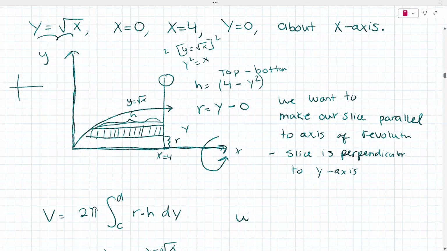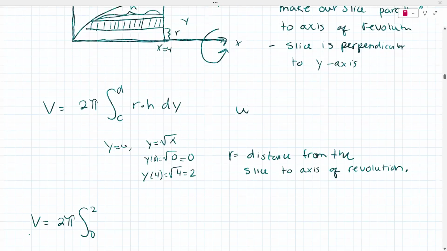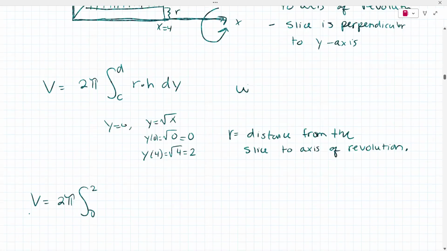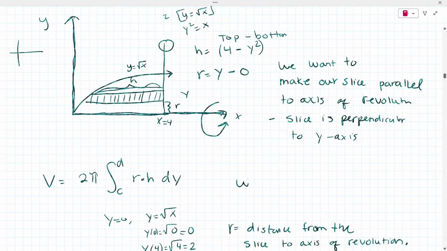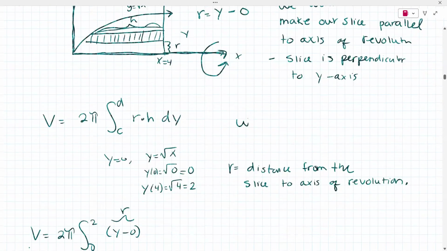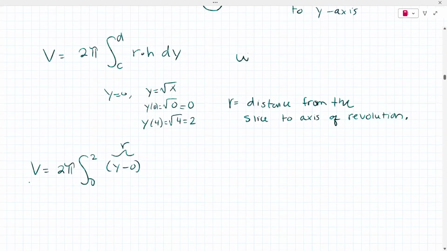So my radius is y minus 0. It's distance r, basically this distance right here. And then the height is this distance, which is the top minus the bottom. The top is 4 minus y squared.